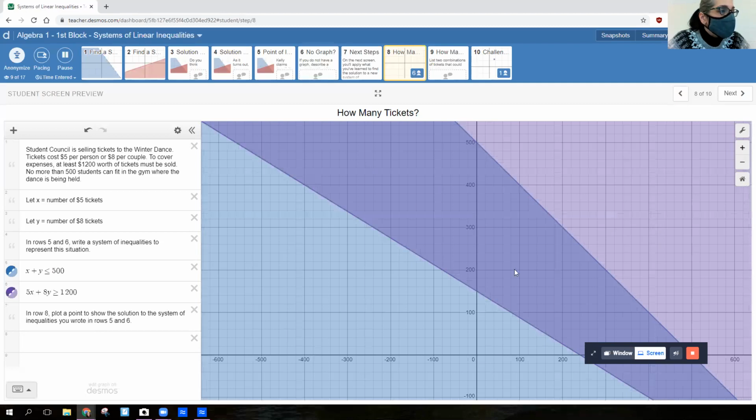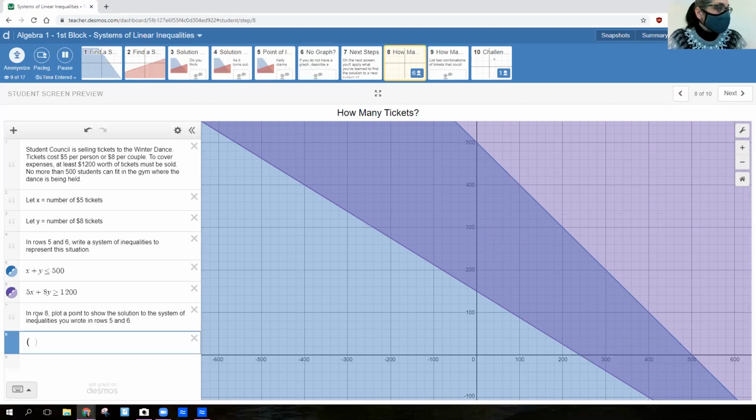So you might want to do that also. It doesn't look like I can click, I have to actually type the point. So when you go down to line number 8, type parentheses and graph a point that you would choose that would be in the solution.